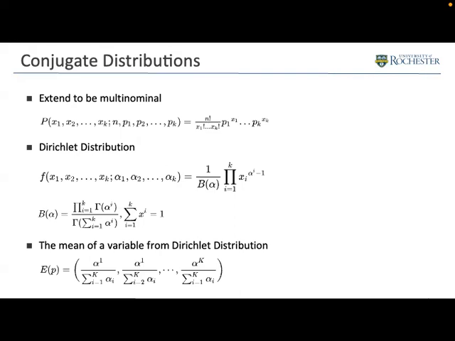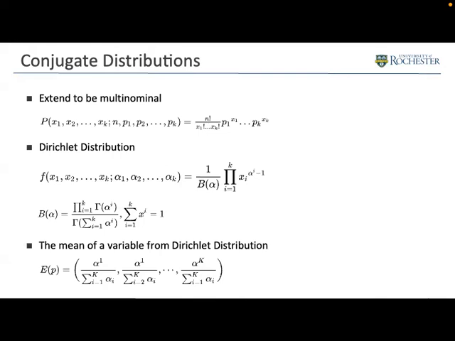The conjugate of the multinomial distribution is the Dirichlet distribution. It is given by the formula with B of alpha times the product of x_i to the power of alpha_i minus 1, and B of alpha is like this.